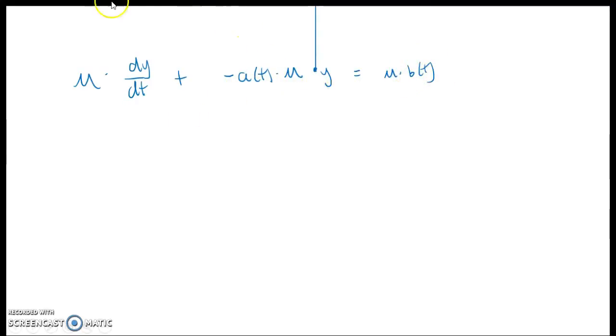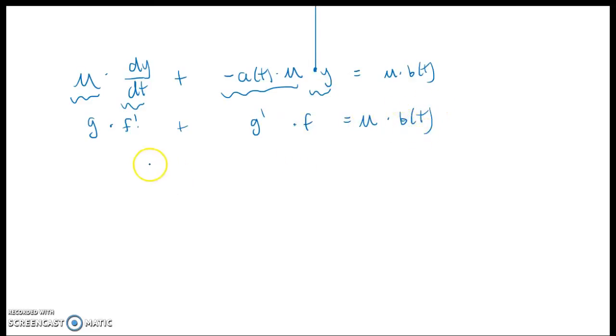And I already know what mu is, but once I have that, and I know again that this is g and this is f prime, and I know that what I have here is g prime and f, then what I'm now able to do is rewrite this as the derivative of f times g is equal to mu times b of t.